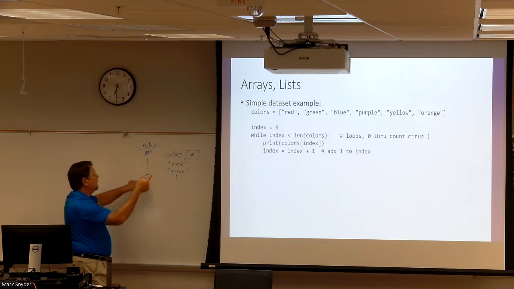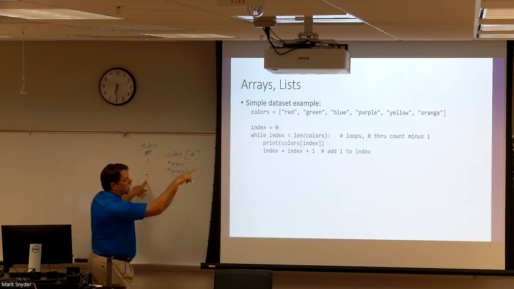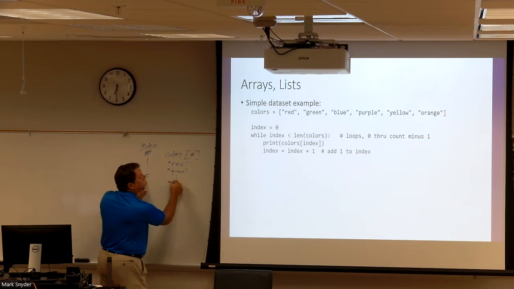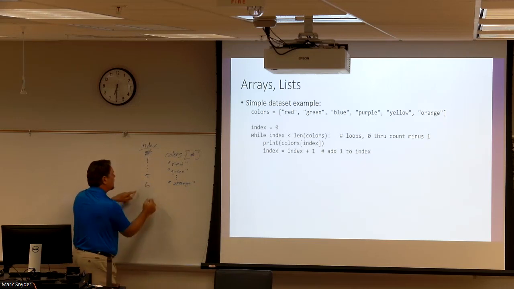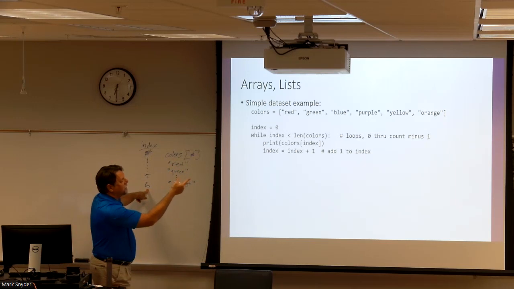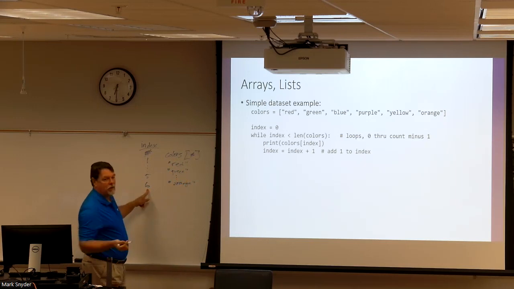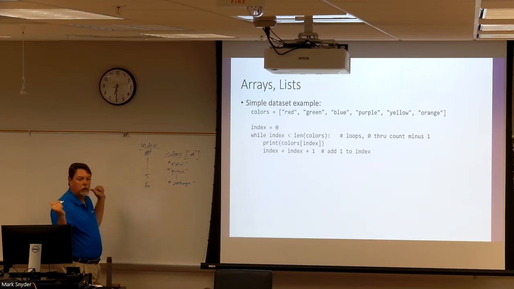We go back around, is 5 less than 6? Yes. So we print colors sub 5, which is orange. Index equals index plus 1, 6. We go back up. While index is less than 6, so 6 is not less than 6, that's false. So we break out of the loop and we're done.